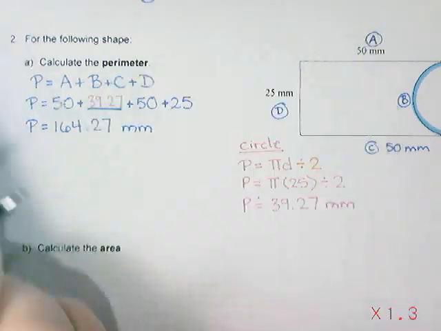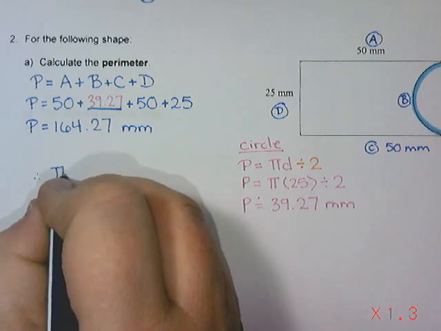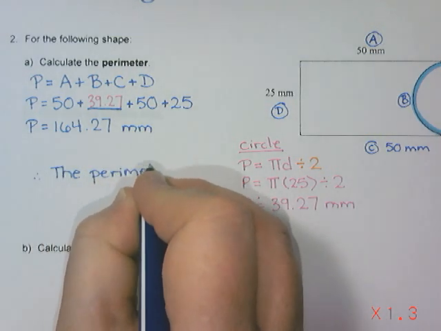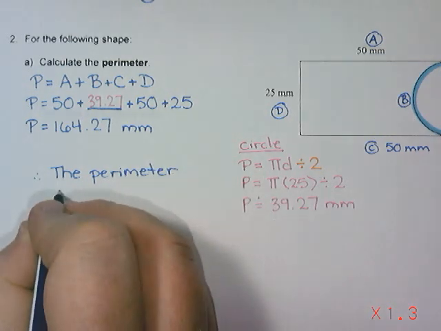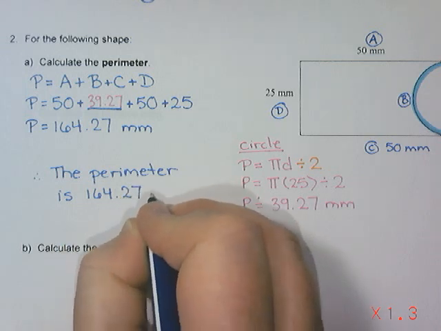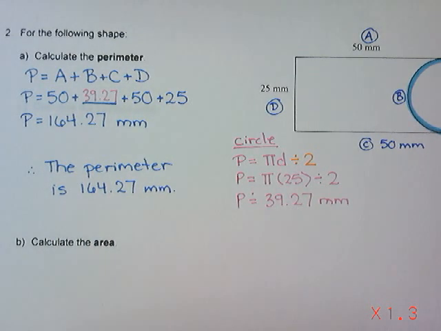And then because we did multiple calculations to get this answer, it's a good idea to write a little therefore and just say the perimeter is 164.27 millimeters. All right, that's it for the first part of question number 2 on our measurement review.